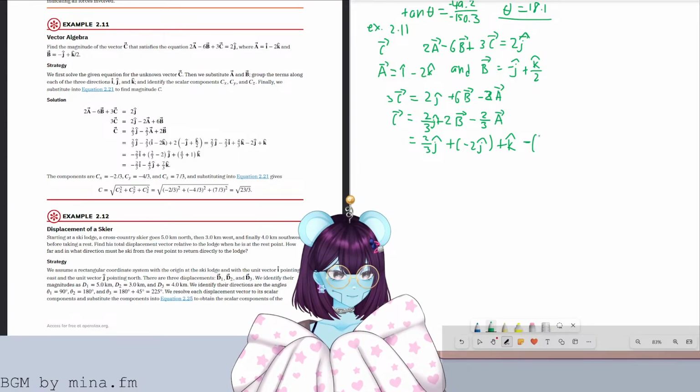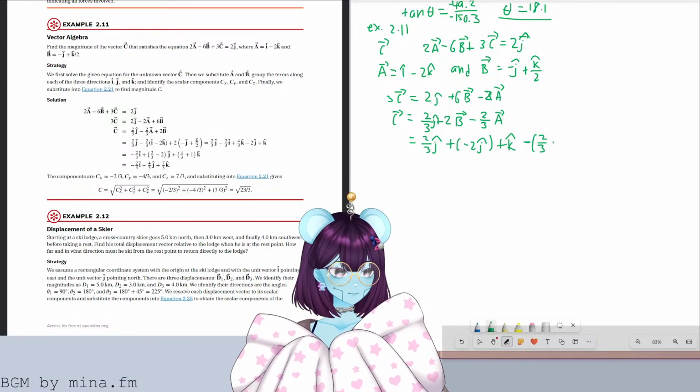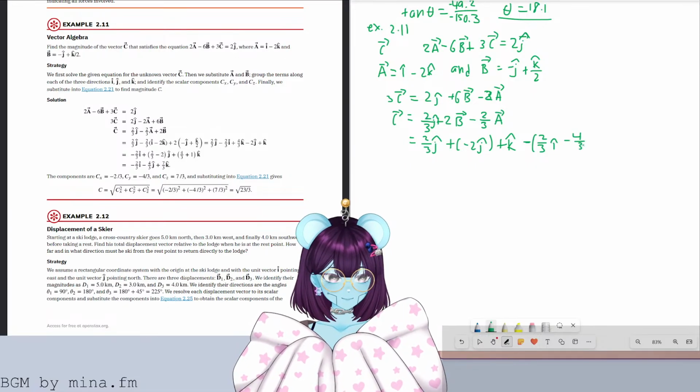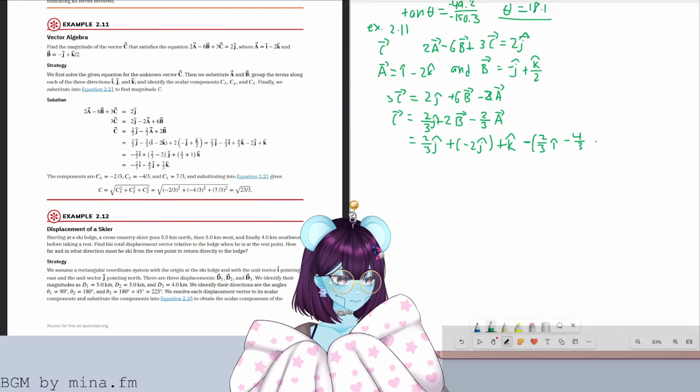So with that we get 2 over 3 i hat minus 4 over 3 k hat.